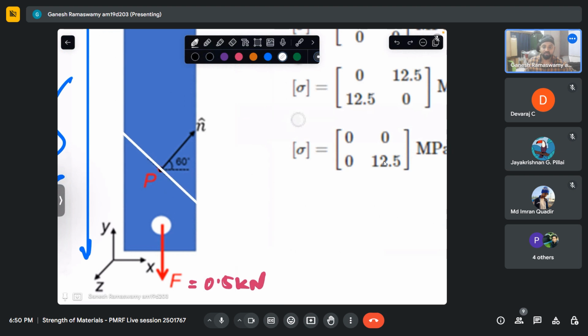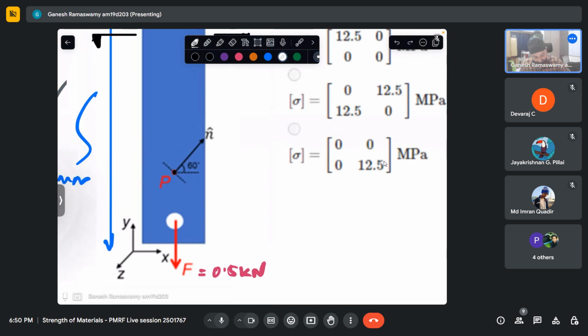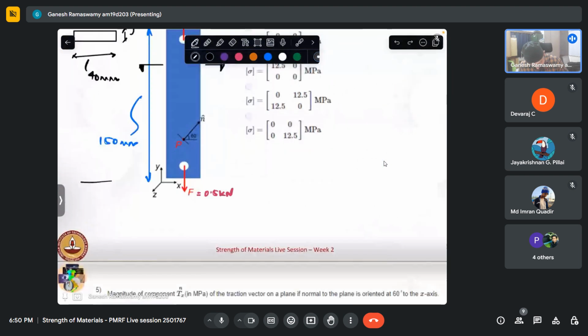At point P they have cut a plane like that, which has a normal n, which makes an angle 60° with the horizontal. So let us say that our basis is again x, y, and z is coming out of the plane of the paper. So let us deal with two dimensions presently. So this is x, this is y.